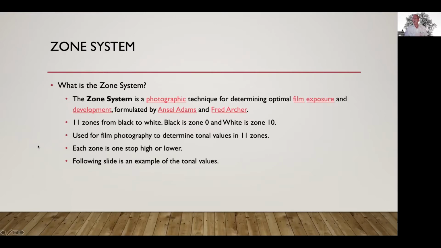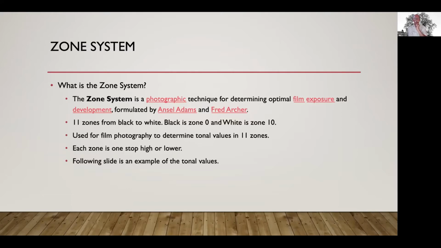So, the zone system. The zone system is a photographic technique for determining optimal film exposure and development. It was formulated by Ansel Adams and Fred Archer. There are 12 zones from black to white, where the black zone is 0 and the white zone is 11 or 10.